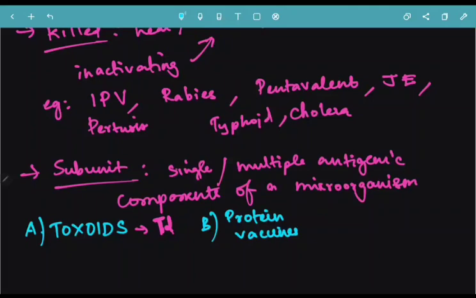Examples are the licensed acellular pertussis vaccine, which is prepared from the bacterium pertussis, and the influenza vaccine, which is prepared from hemagglutinin as well as neuraminidase.